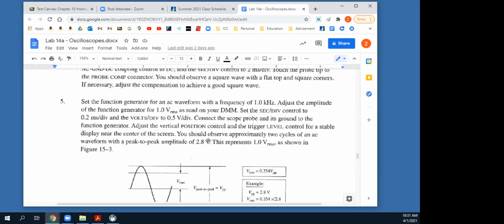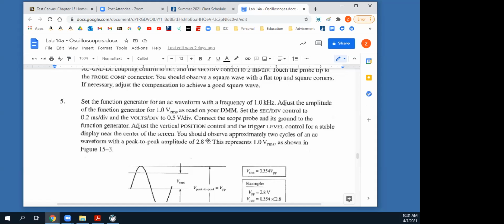I'm going to show you what it means by 2 cycles. Starting at this point, going up and back down is 1 cycle, or the alternation. Remember the alternation? So that is 1 cycle. That is another cycle. So we're seeing more than 2 cycles on the screen.